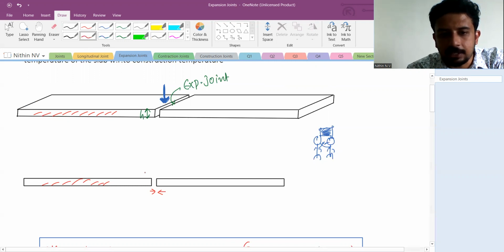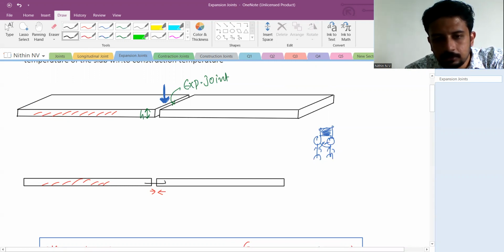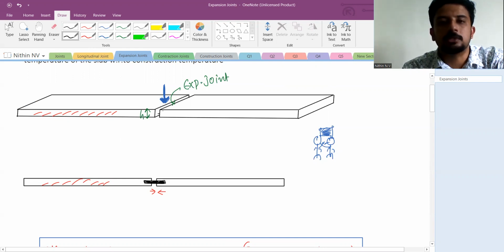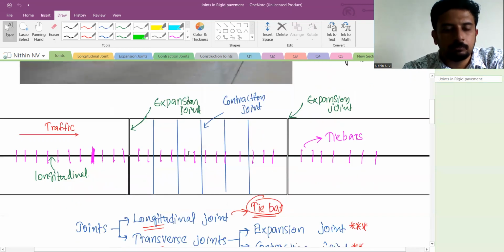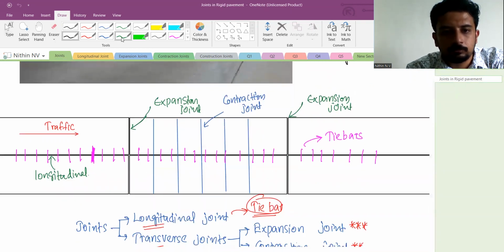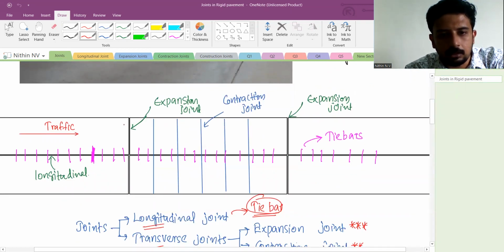We will place a steel bar between them, so they will be connected using a steel bar. I hope you are able to see that, right? Maybe in the image, if I want to show it, how can I draw that? Like this, I can draw. Understood?